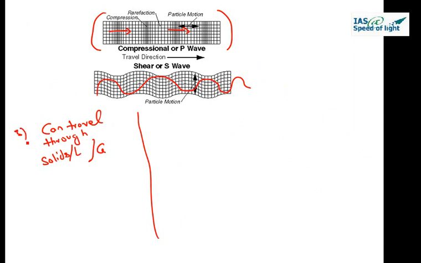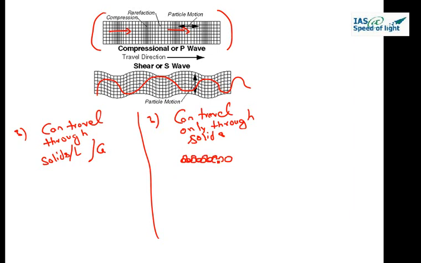Okay, while the secondary waves can travel only through solids. Only through solids. A very very important difference, and because we know, see, in solid you have the different molecules, they will present like this. So because of this motion, this can happen.